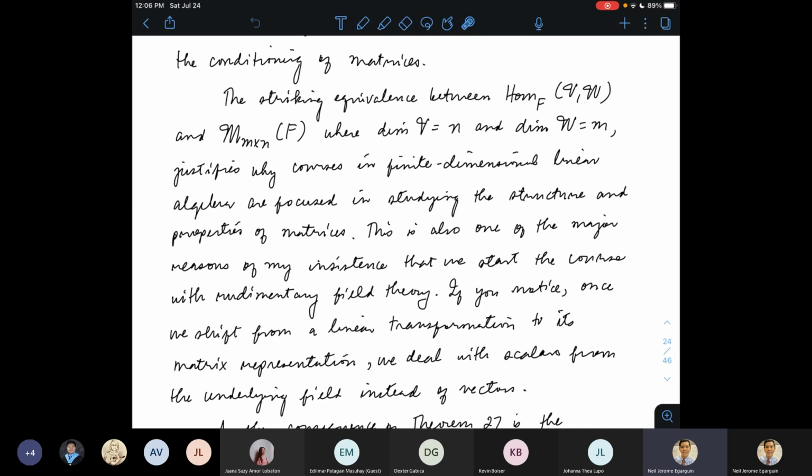So kaya mong makompute ano dapat yung ilalabas ng aking speaker in order to get the sound that I want in one place of the room and one place of the other. So napro-provide mo yung solution to that because the complicated action or operation that converts an input on a speaker towards the sound perceived by a receiver in some area of space actually can be modeled by a matrix.